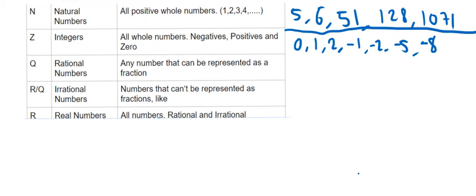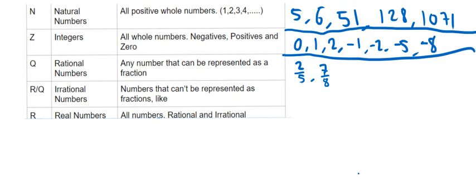The third set here then is rational numbers. A rational number is any number that can be represented as a fraction. So to list out some fractions, 2 over 5, 7 over 8. Those are all the obvious kinds of fractions.